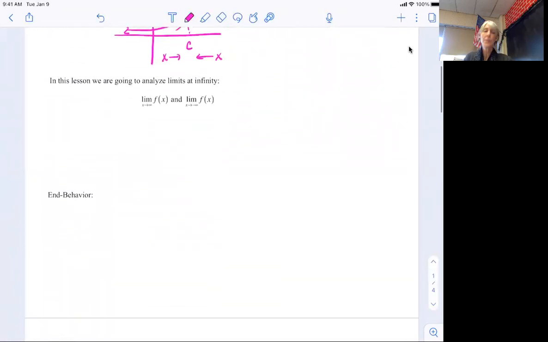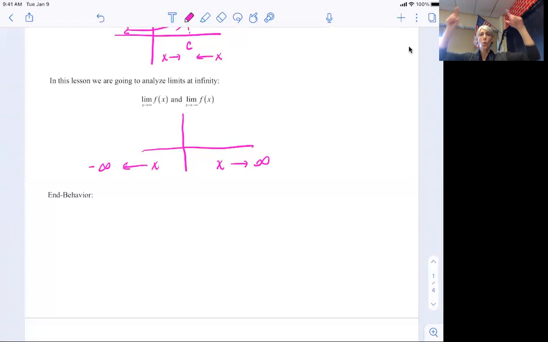In this lesson, we're going to analyze limits at infinity, meaning we want to know what's happening to my graph as x goes to infinity or x goes to negative infinity. What's going on with the graph of the function? When we do this, it's similar to analyzing end behavior.